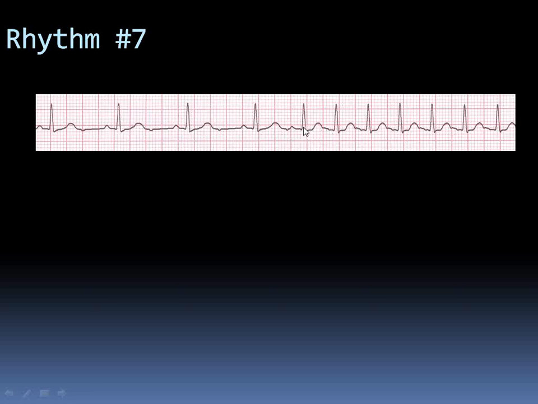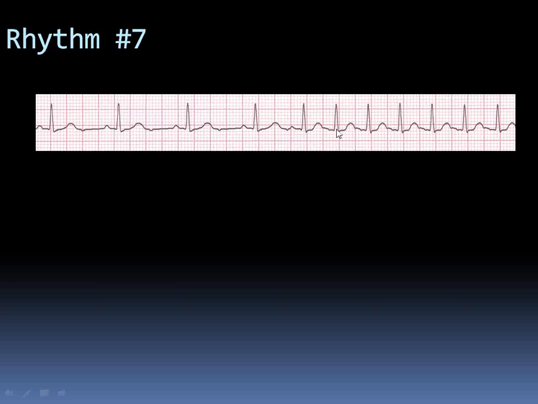All of a sudden, it just shoots up and becomes extremely fast. All right? So it basically starts as a normal sinus rhythm, then suddenly speeds up and it loses the P waves.